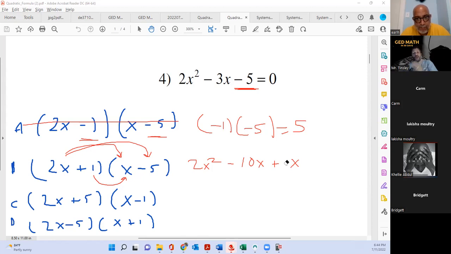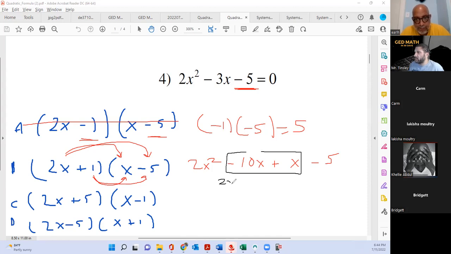So get in the habit: if you get 1, you don't write it. So plus x. Next step: 1 times -5 is -5. Now our next step is to combine like terms. What are the two terms that we can combine? -10x plus 1x.